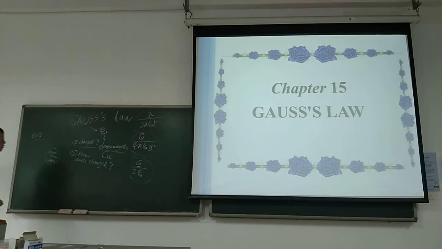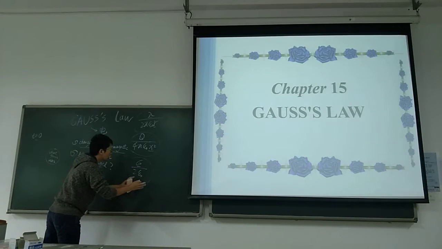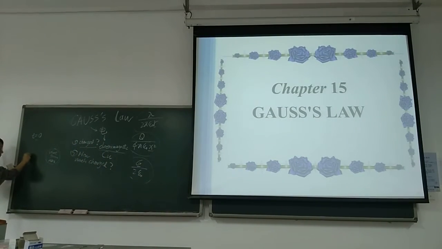To know whether it is charged or not, there is a very easy way: take another point charge and put it here. Then whether it is charged will be reflected by this charge as the detector, because if there is a force on it, it is charged.